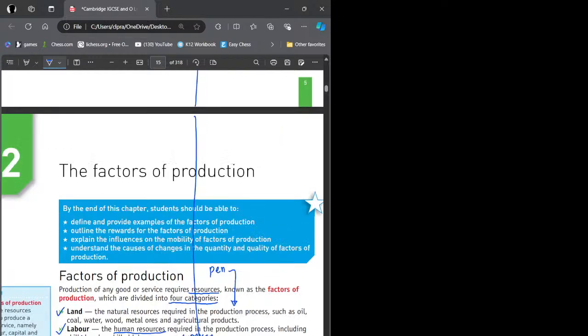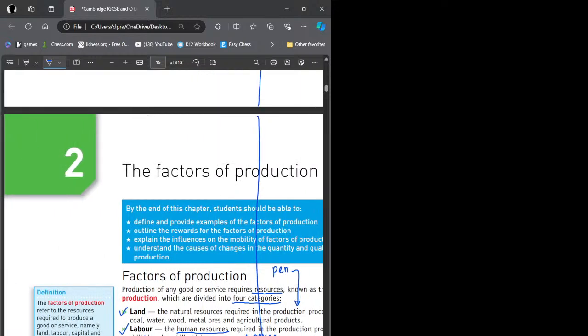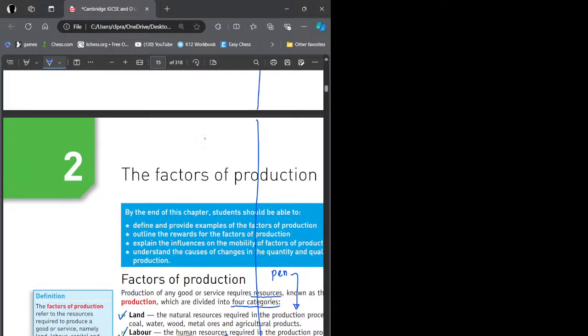These are machinery, tools, equipment, and vehicles that are helping in the production process. So let's say a truck would be part of capital. Or a lift used in the production process is capital. Now, if we get that, let's move on to the last one.